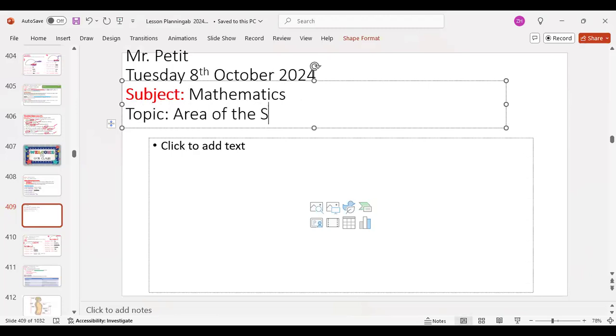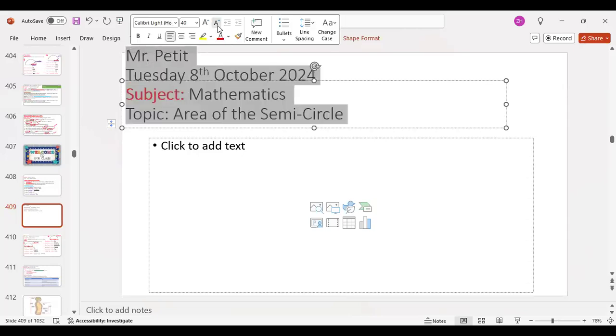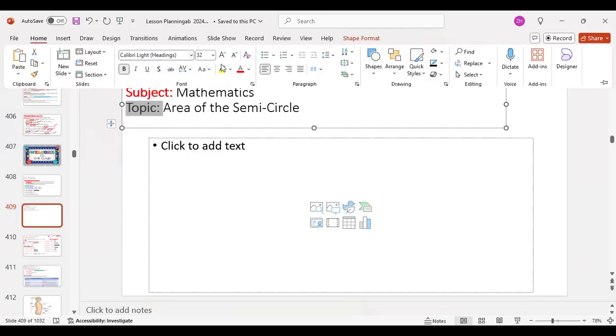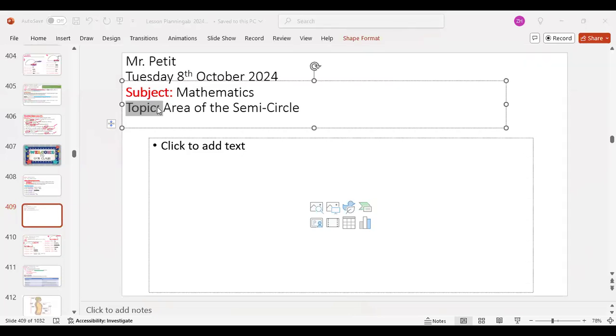All right, so we're going to be looking at the area of the semicircle. Now we do have class all this week. If anything changes, I'll let you know. Yes, ma'am. Monday is a holiday, and it's my birthday. You have a class that day? Yes, ma'am.